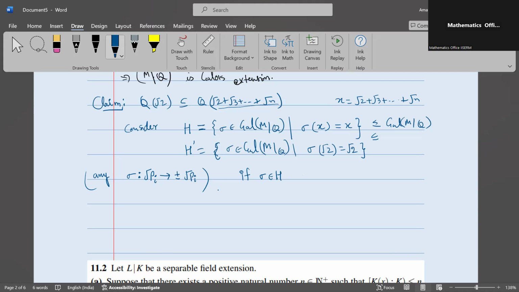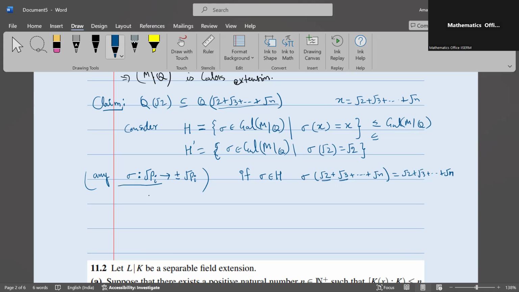Sigma of root 2 plus root 3 and so on up to root n is fixed, right? Now, what is happening to root 2 will decide what is going to happen to root 4, because that is a multiple. So we just have to see where the primes go.